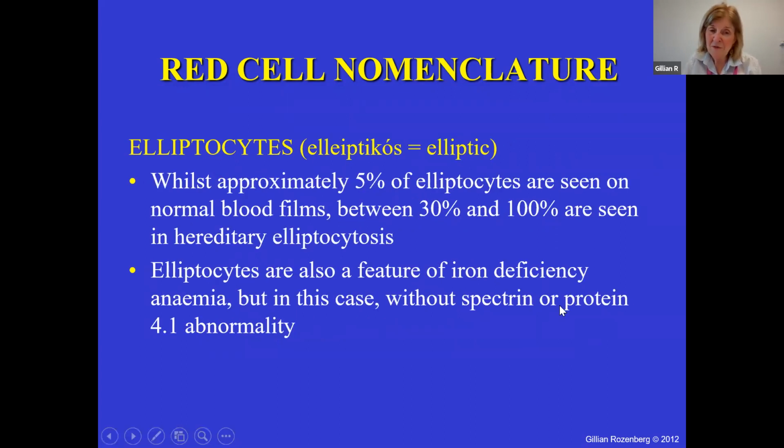Whilst approximately 5% of elliptocytes can be seen on normal blood films, between 30 and 100% are seen on blood films in patients who have got hereditary elliptocytosis. Elliptocytes are also a feature of iron deficiency, but in this case without spectrin or protein 4.1 abnormality.